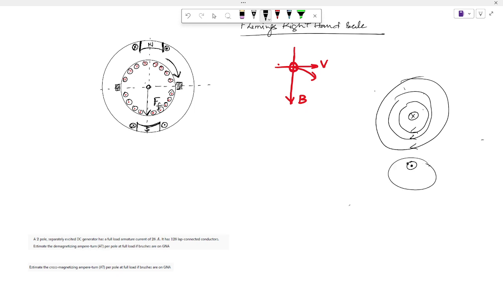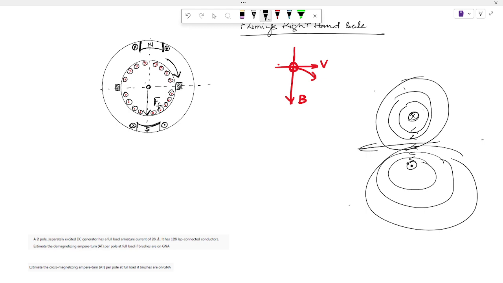For the other, anti-clockwise, this way. So with one set of coils we are getting a field like this. All these are identical sets of coils, so the net field will be pointing towards this direction. Clear?